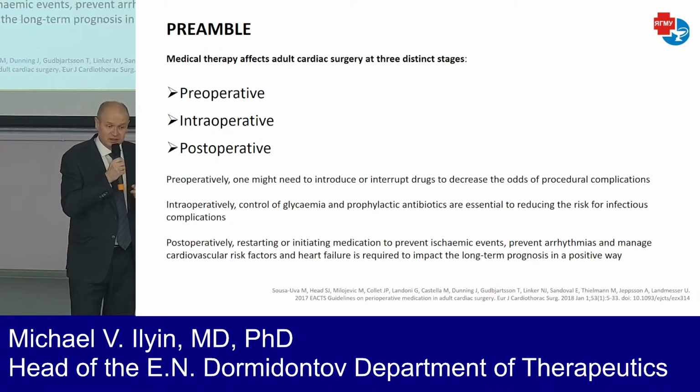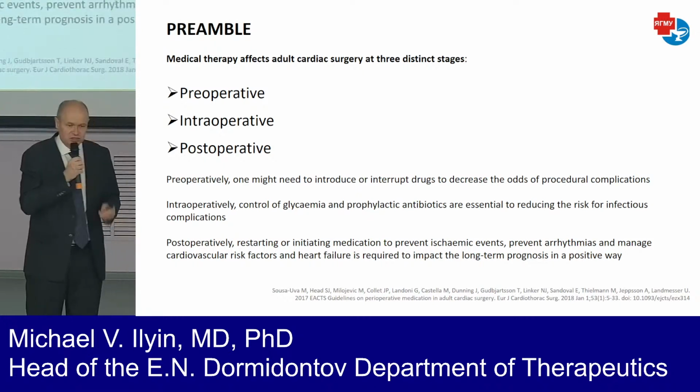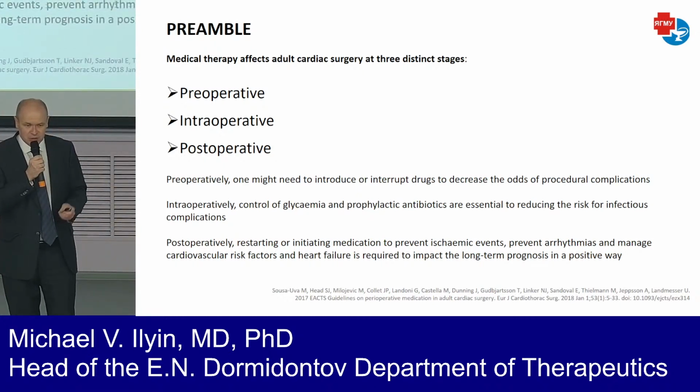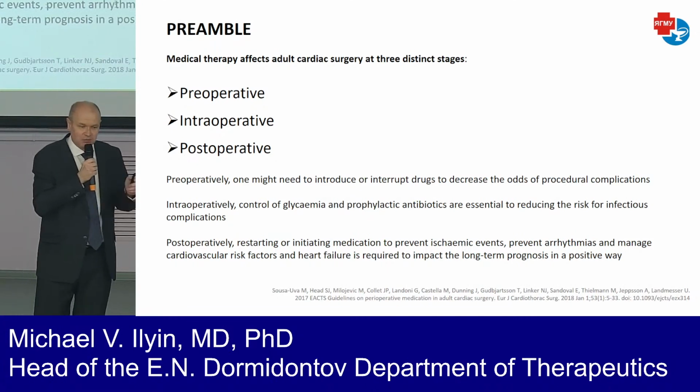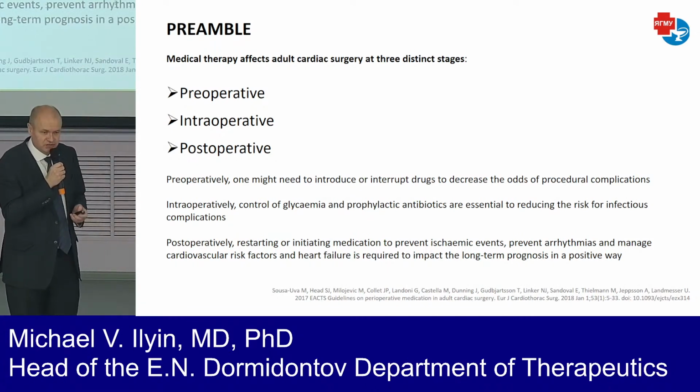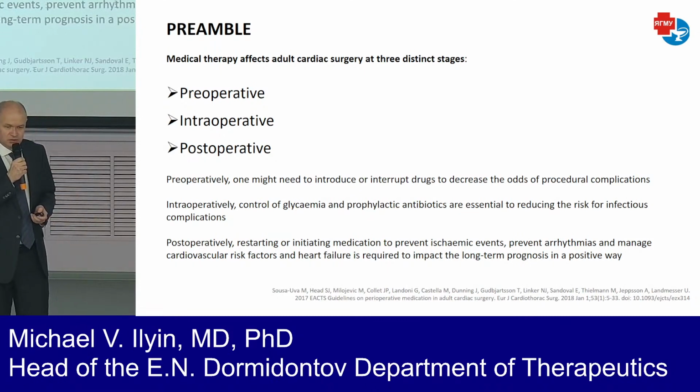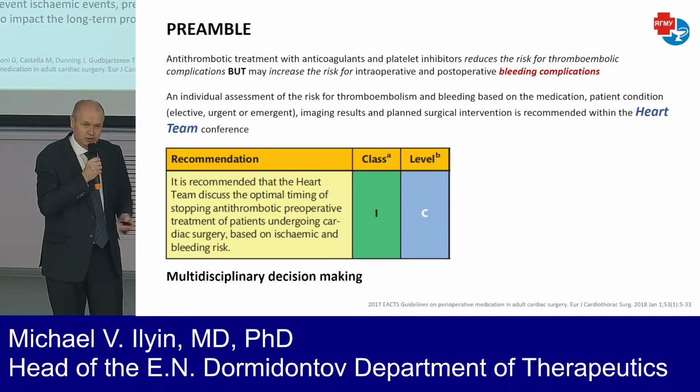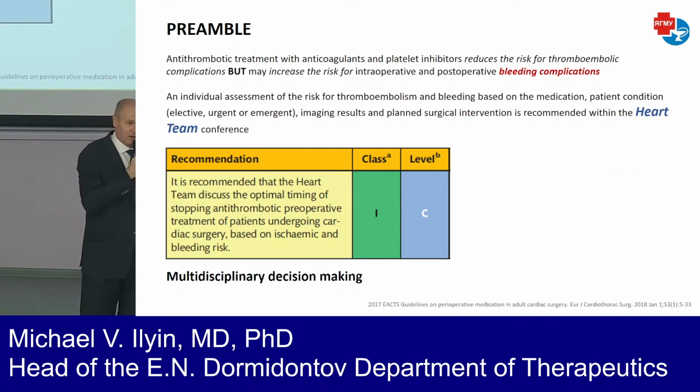And third, postoperatively, this is very important. Restarting or initiating medication to prevent ischemic events, prevent arrhythmias, and manage cardiovascular risk factors in heart failure is required to impact the long-term prognosis in a positive way. This is very important, you know.